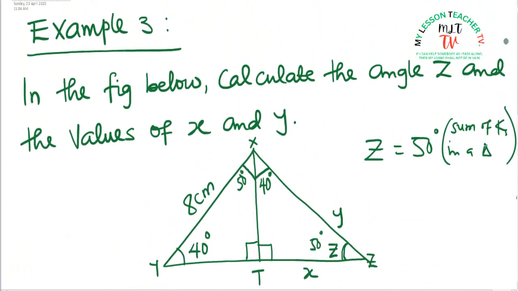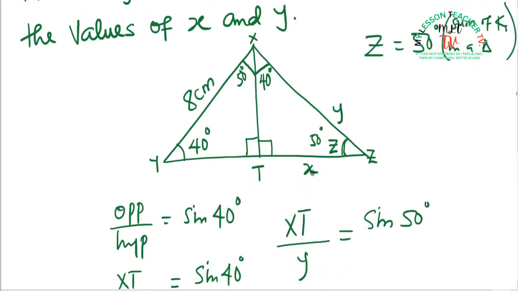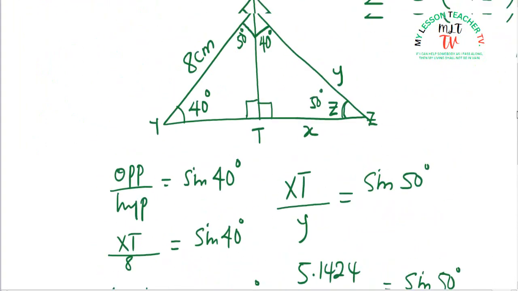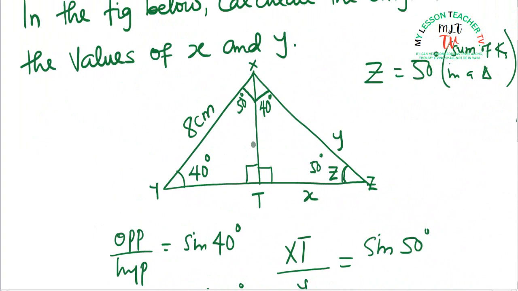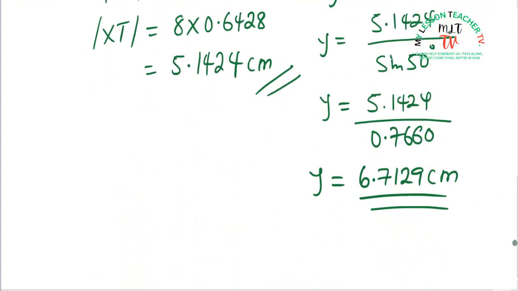Now, in order for us to get our value for X, we shall also use one of the trig ratios that involve X, either X and Y or X and side XT. So the ratio of the opposite side to the adjacent side is tan with respect to 50 degrees.